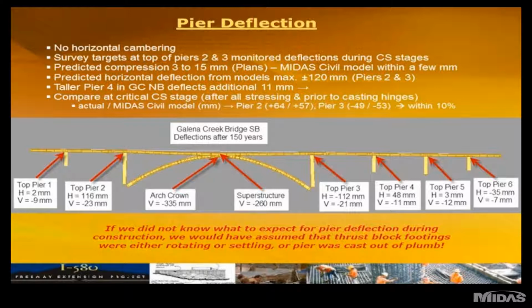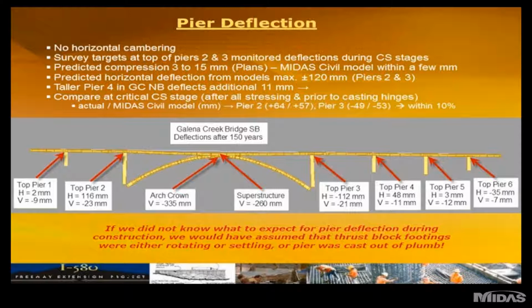One of the reasons why this is important to know in the field is that, if you look at the bottom statement in red, if we ended up sending a surveyor out and he said that the pier is 3 inches from plumb at one construction stage, you can imagine what delays would happen.